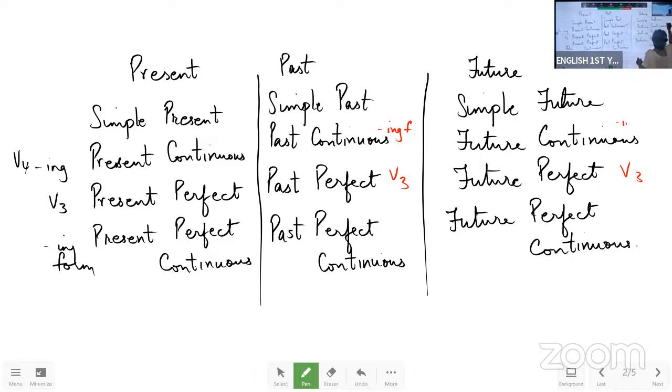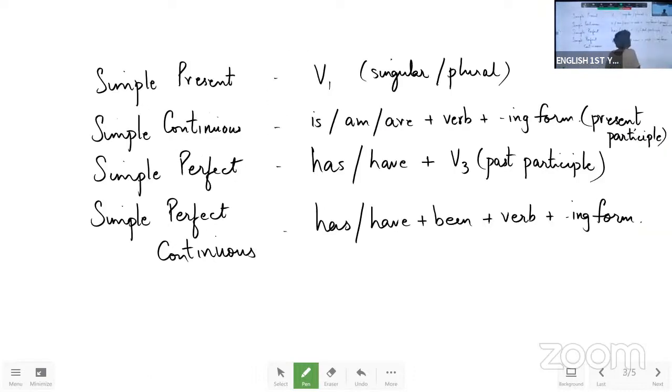Likewise, in this also you have ing form. I've shown the table in the next slide. It is actually not known as V4, but I don't know why some of the grammar books mention that.